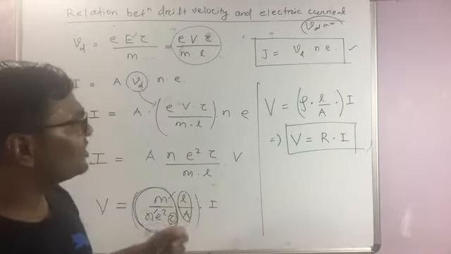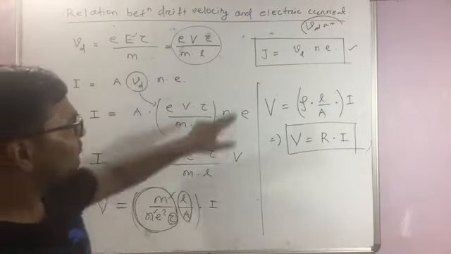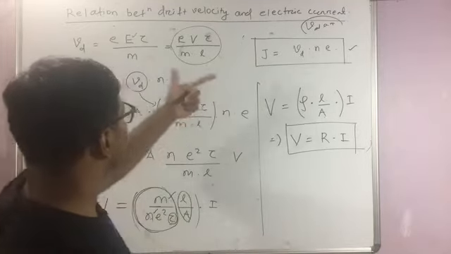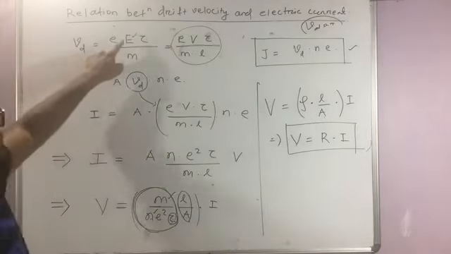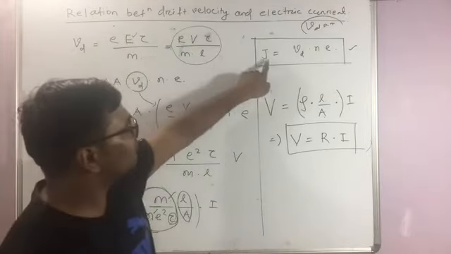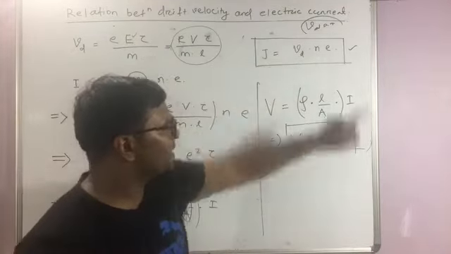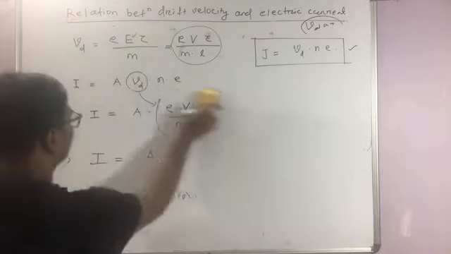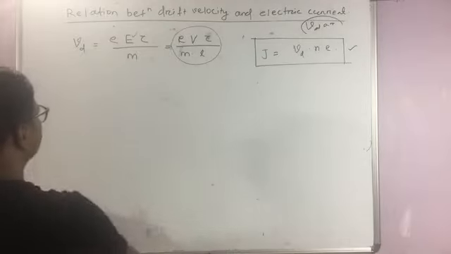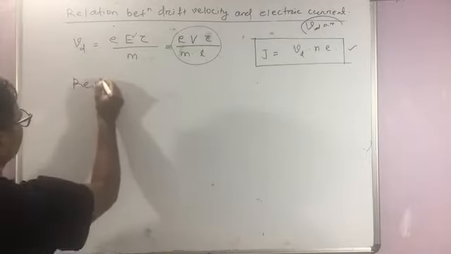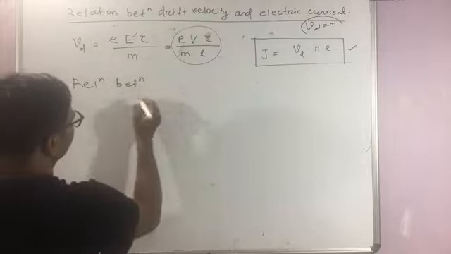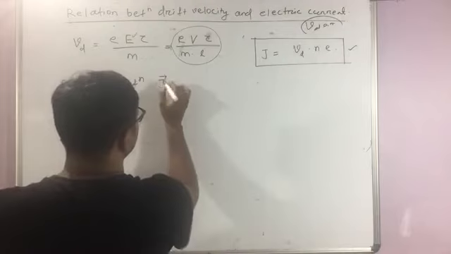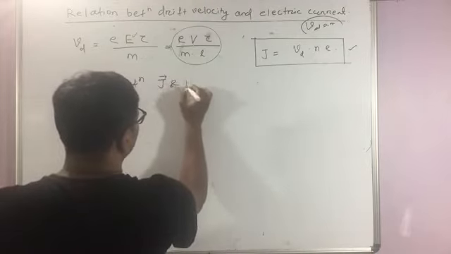So here another derivation is also asked. Sometimes, what is the relation between J, means current density, and the electric field? You can simply substitute Vd is equal to e tau by m, and in this equation the current density is J is equal to Vd into n e. So we can write here the relation between J vector and electric field.